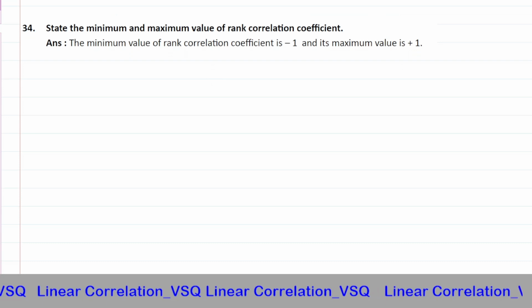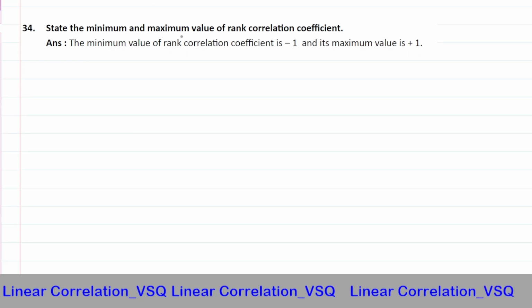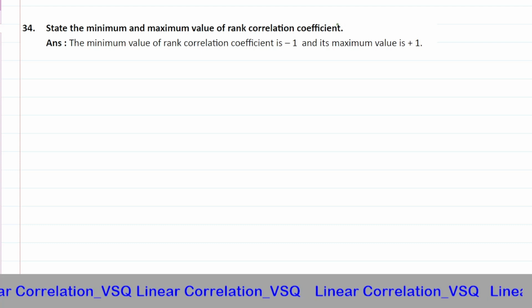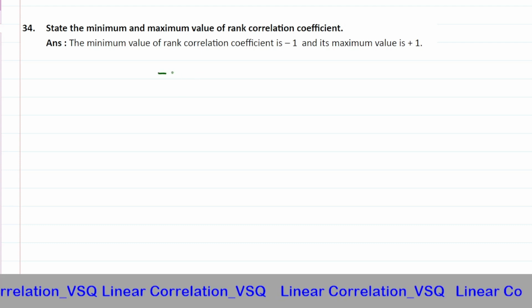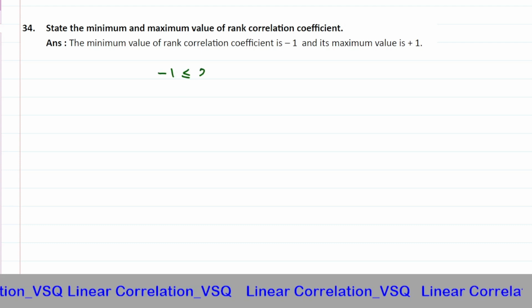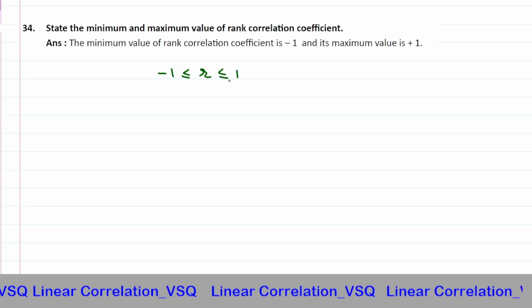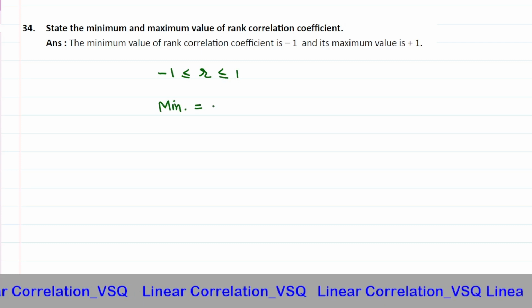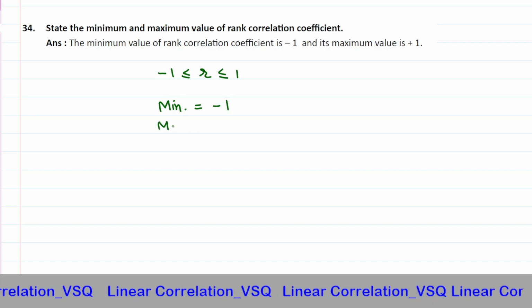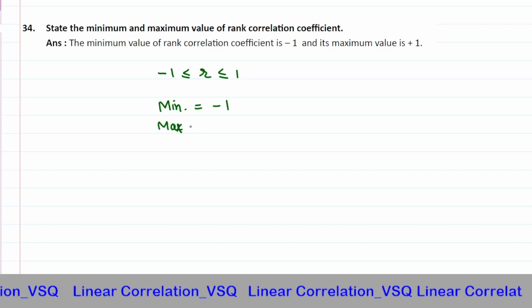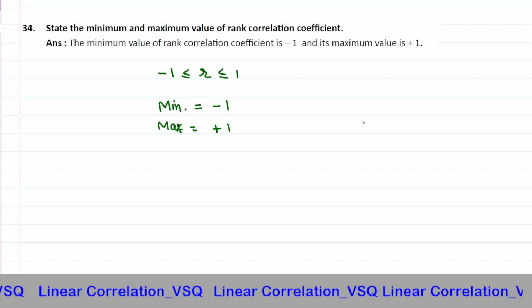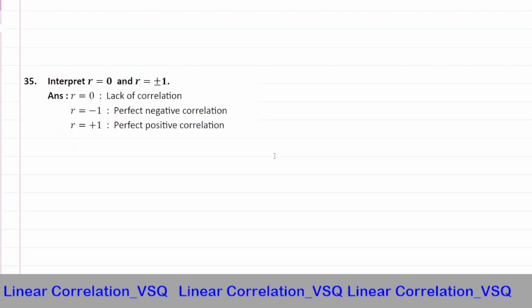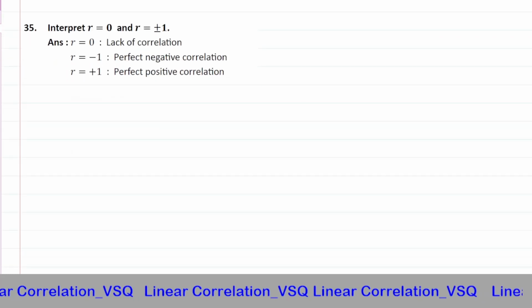Question number 34. State the maximum and minimum value of rank correlation coefficient. The value of R always lies between -1 and +1. So the minimum value of R is equal to -1, and maximum value of R is equal to +1. Question number 35.